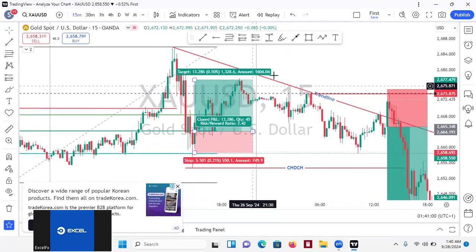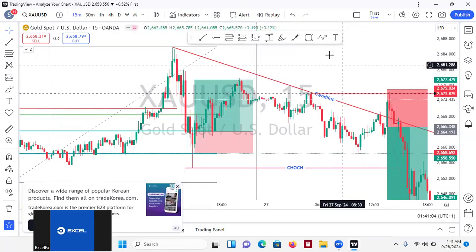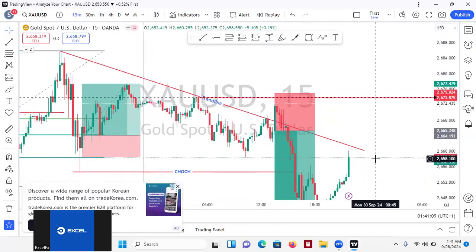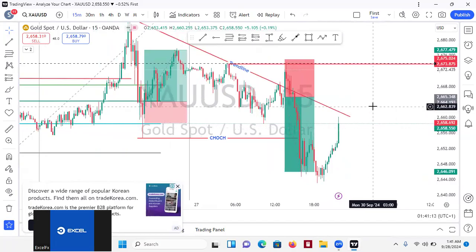So basically that's how you can use the Fibonacci retracement as a confluence. It's just a confluence to determine the end of a retracement. So basically, for those who are watching this video right now, it's just a tip.